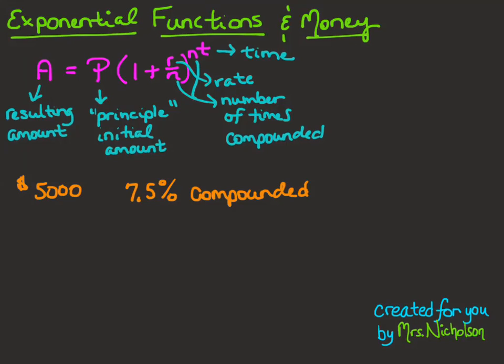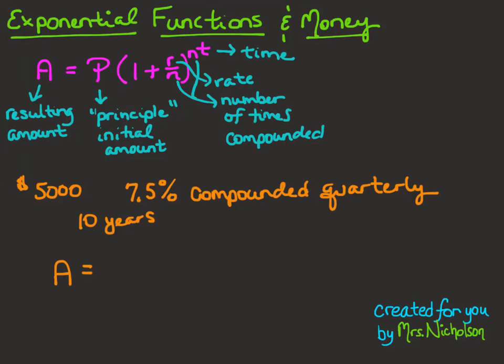Now when we compound quarterly, that means 4 times a year. Every 3 months, interest is added on to the amount. So I'm just going to plug this information into the formula, and I'm going to invest this money for 10 years. So let's see how much money I would end up with if we did that.